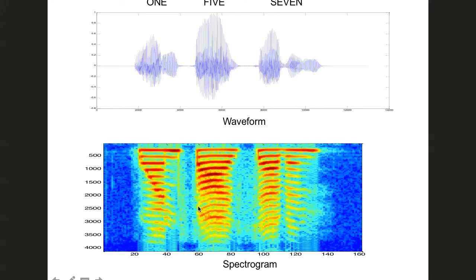And here is what we call a spectrogram, which is a time frequency representation of the same one. The x-axis here is time, just like the waveform, but the y-axis is actually frequencies, what kind of frequencies are present in the signal. And the redness indicates energy. So the darker red has more energy than the lighter red.